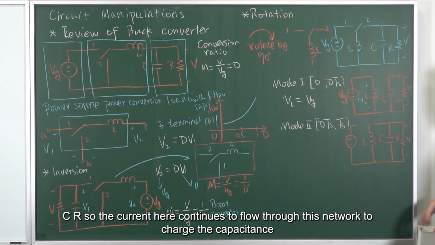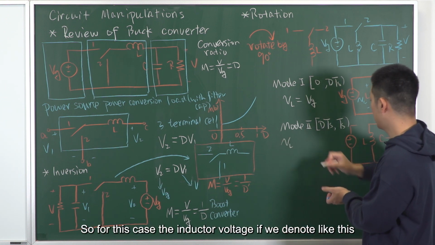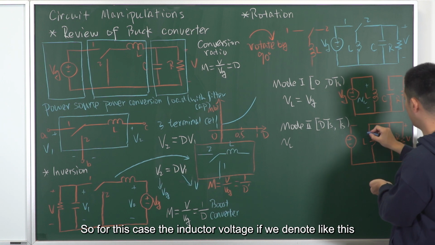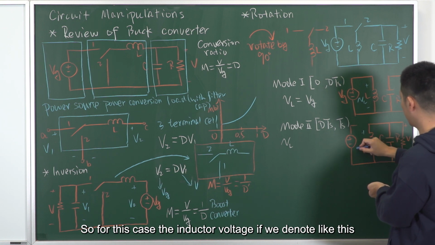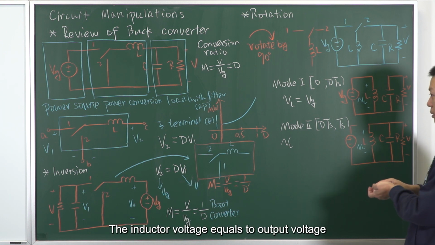So the current here continues to flow through this network to charge the capacitance. So for this case, the inductor voltage, if we denote like this, equals the output voltage.